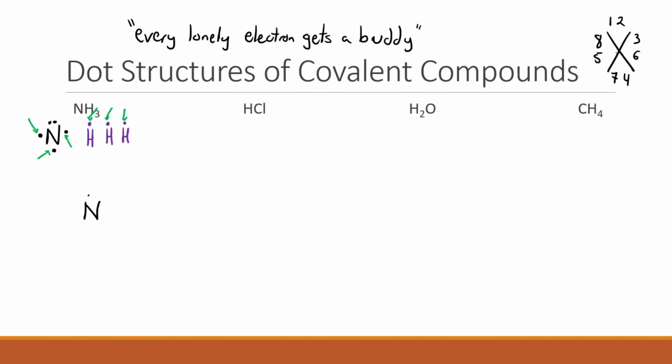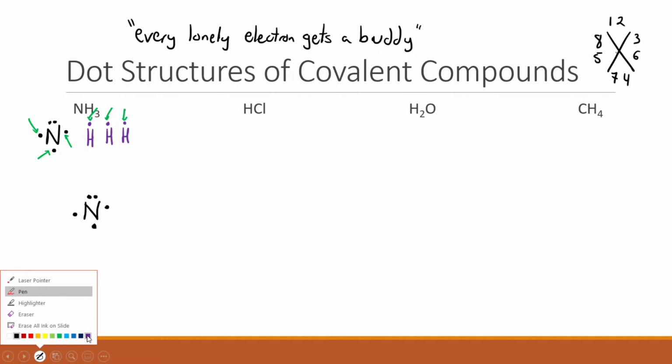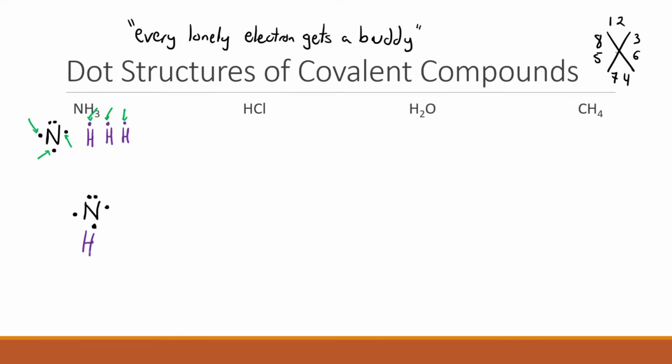I'm going to start with my N here. All right, we're going to take one of those H's and click it into place right there. Right, pairing up lonely electrons to create a bond. And so that means we've paired those.